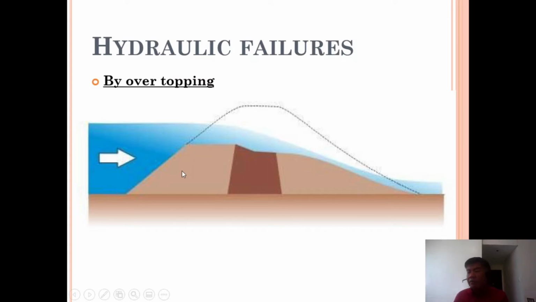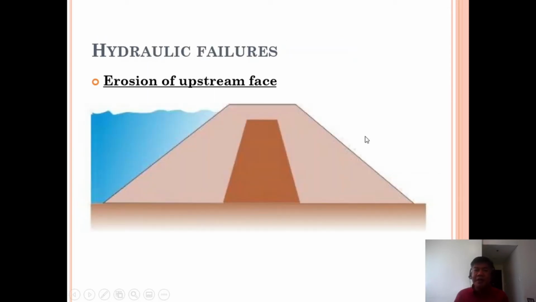If you overtop it, the whole dam will be washed out. So it could be a failure in the design of the maximum flood height in the upstream of the dam. Of course, we have to protect the structure against overtopping.